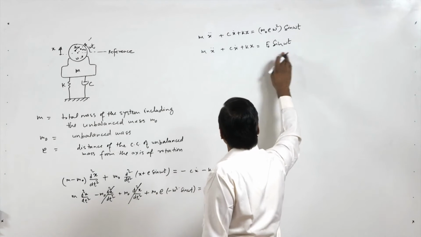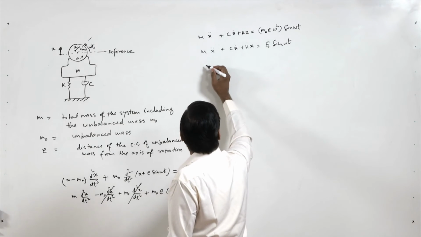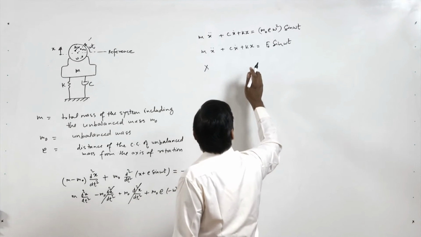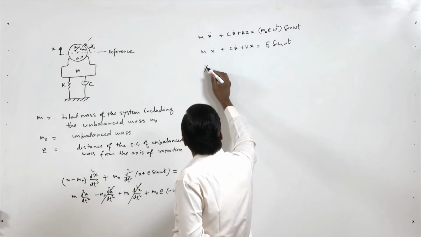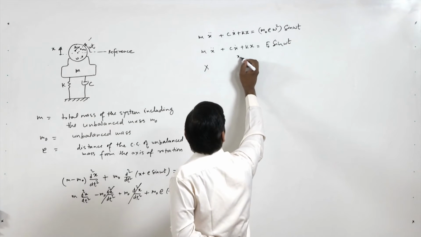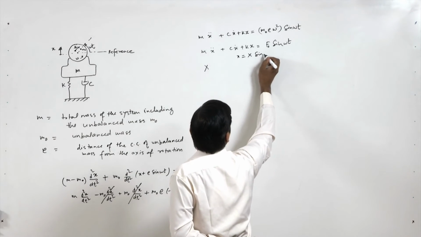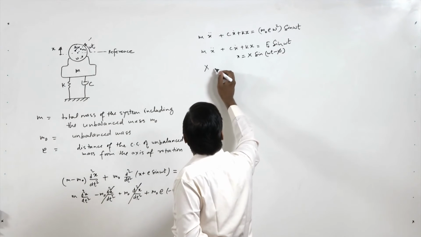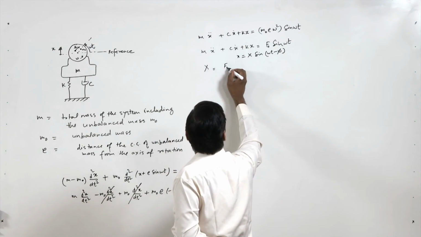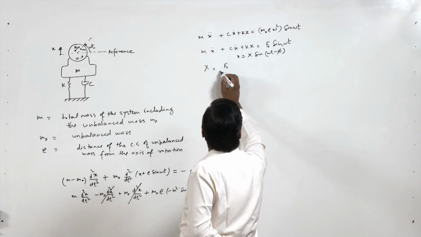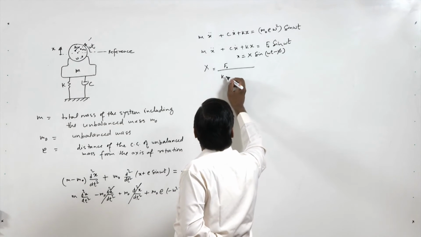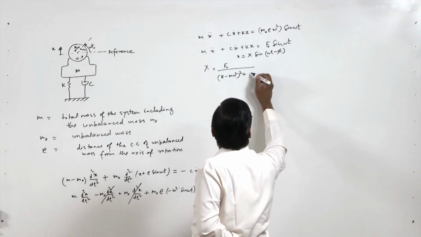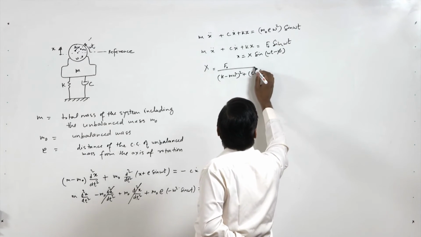So for this system we have the solution x equal to X sin(omega t minus phi), for which X equals F0 upon the square root of (k minus m omega square) whole square plus (c omega) whole square.